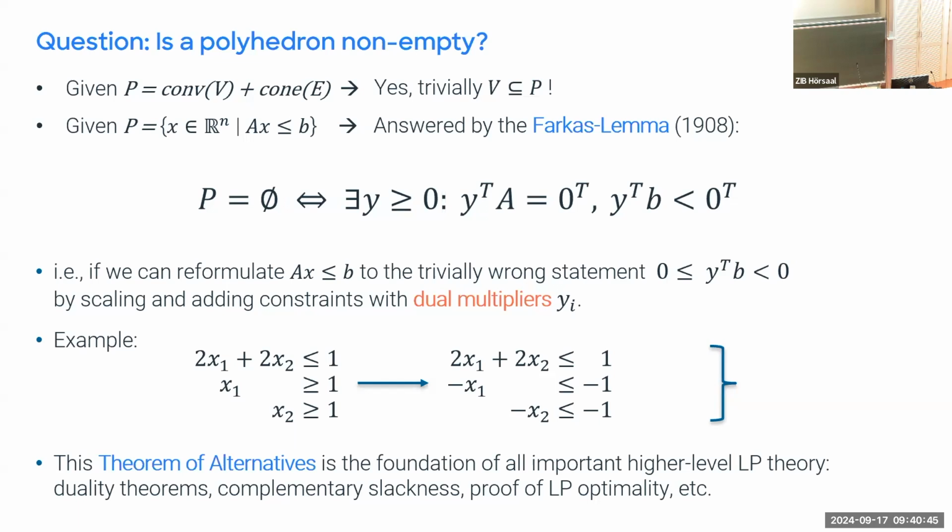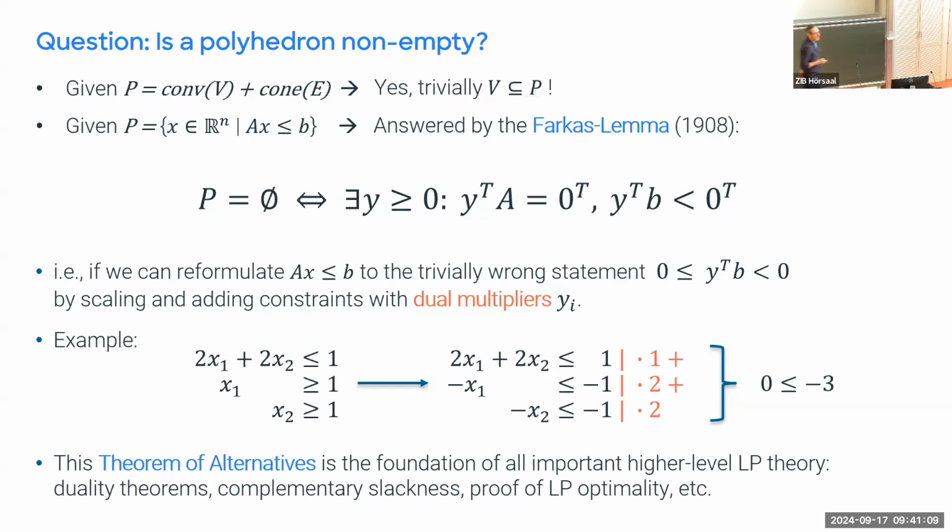Can somebody see with which multipliers I need to aggregate the system in order to get my Farkas proof? 1, 1, 2, yes. If I add them up, we see the coefficients all cancel out to 0, but on the right-hand side I get -3. Okay.